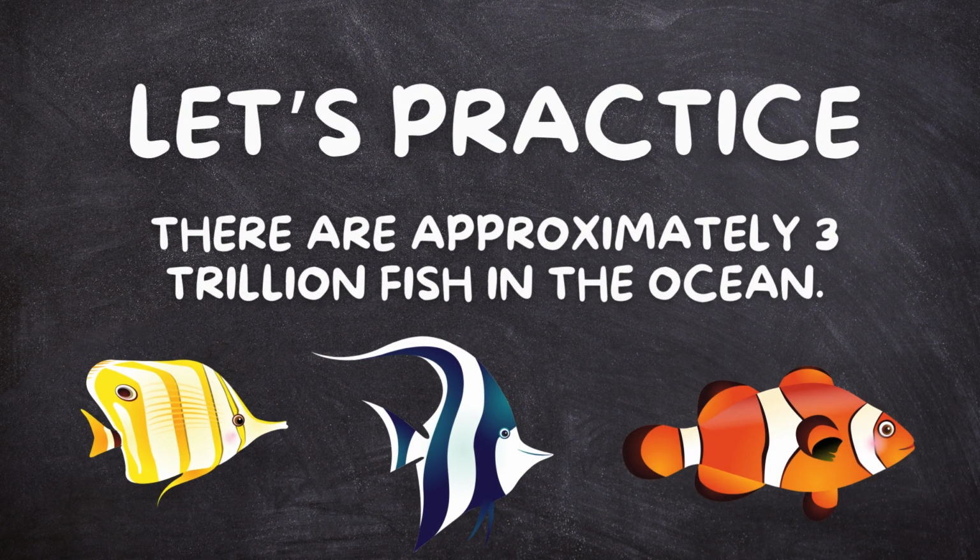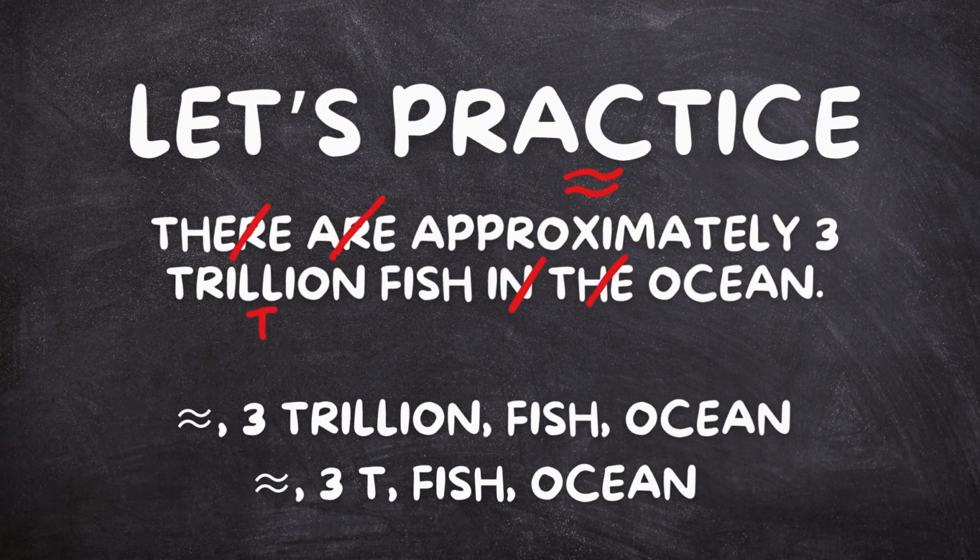Let's take a moment to look at how learning symbols helps us remember information that's important. For example, if you are reading and you want to remember that there are approximately 3 trillion fish in the ocean, you can use symbols and abbreviations to remember those details. Here are 2 examples of shorter ways to write down this idea if you just know symbols and abbreviations.